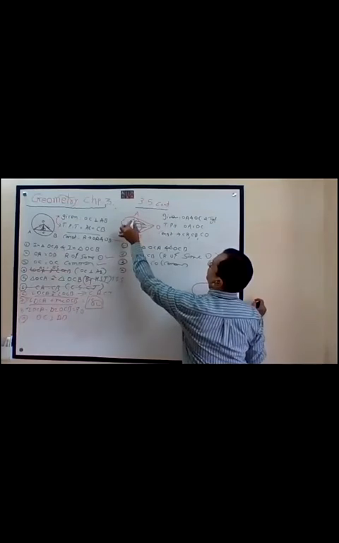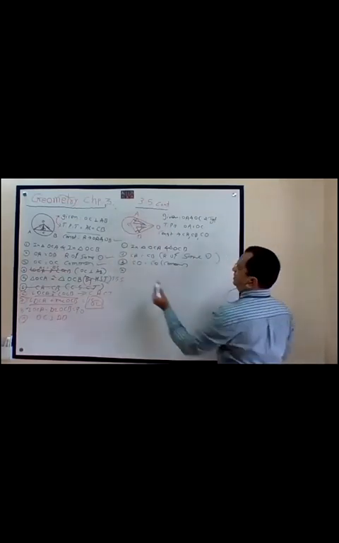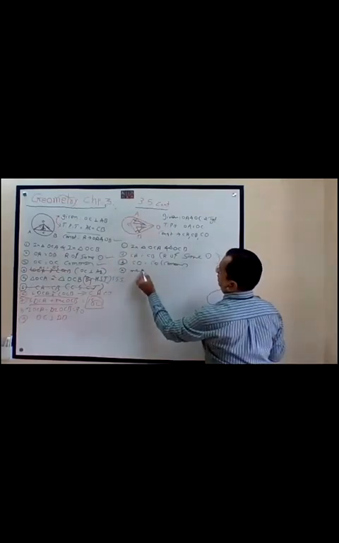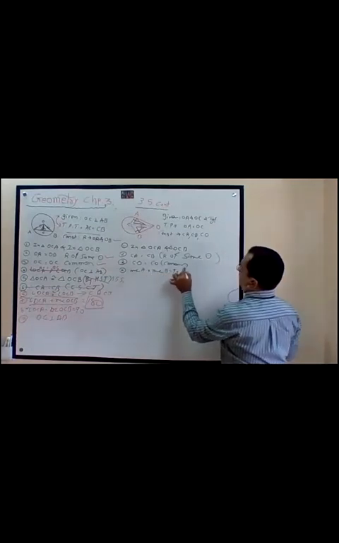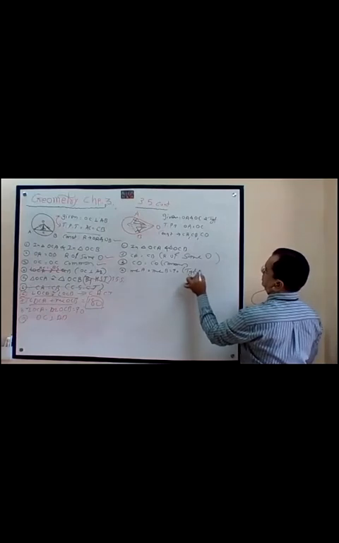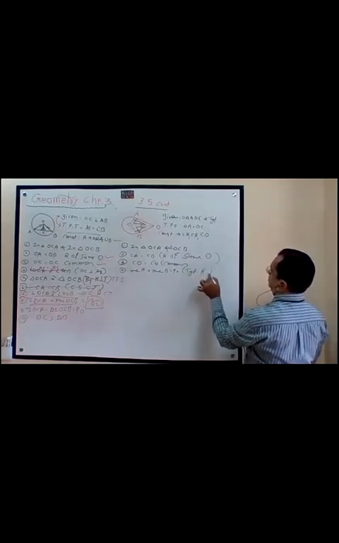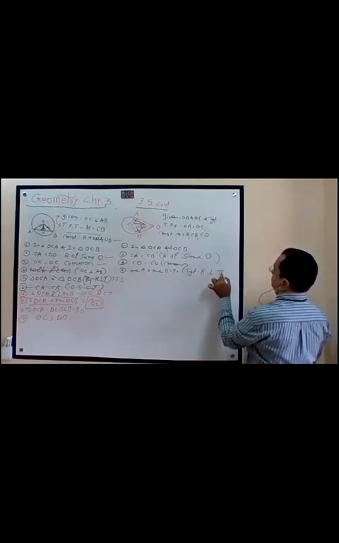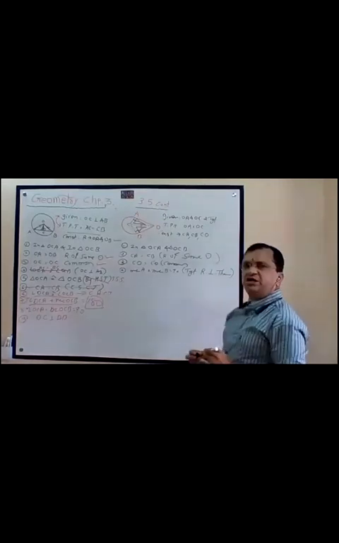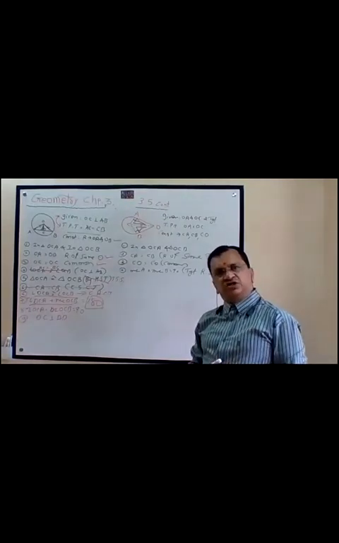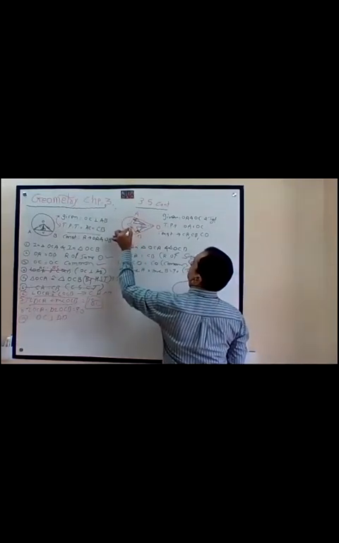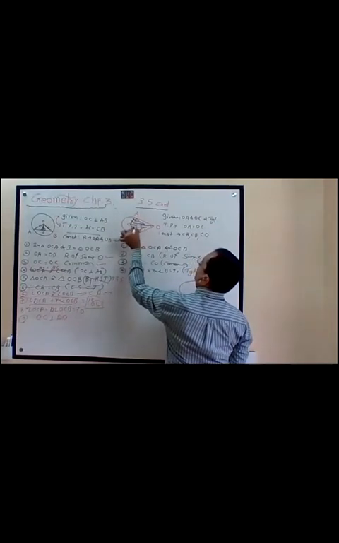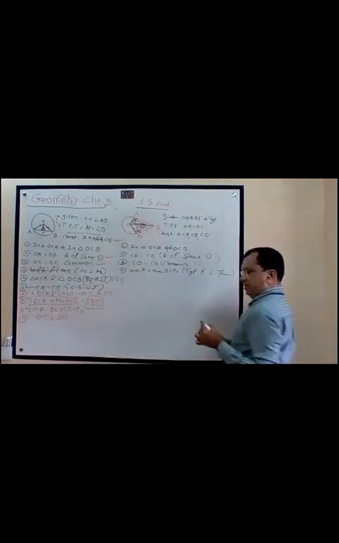Fourth, always tangent and radius are at 90. So measure of angle A is equal to measure of angle B is equal to 90. Tangent radius perpendicular theorem. When 90 are equal, radii are equal, and the middle is common.